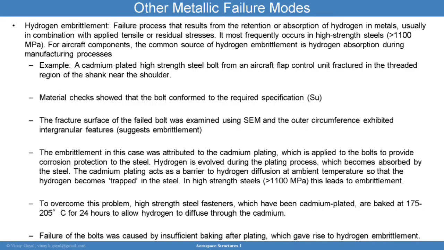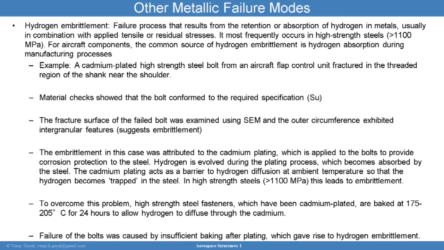Let me move to a different type of chemical interaction with materials that can lead to a decrease in strength capability or fatigue capability. Hydrogen embrittlement is one such corrosive, or not corrosive environment, but another chemical environment that could be of potential concern.